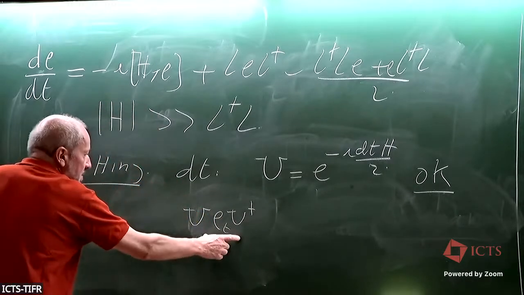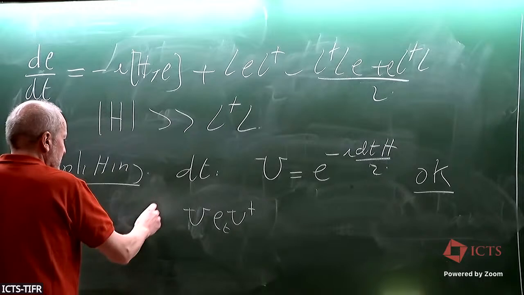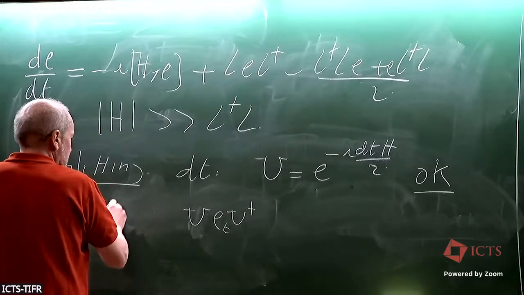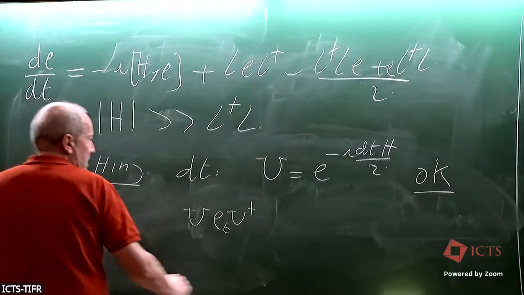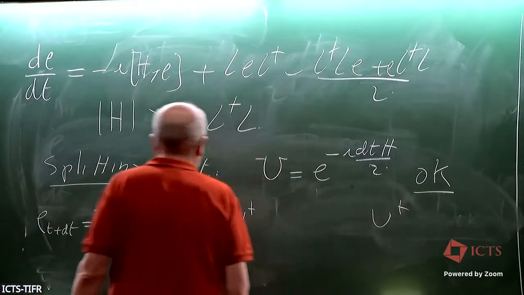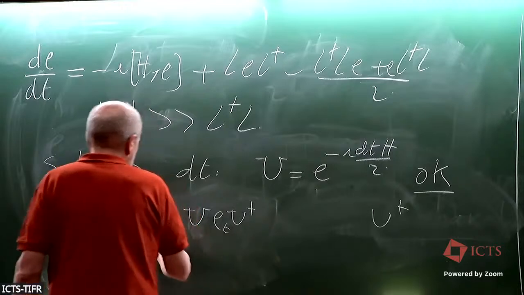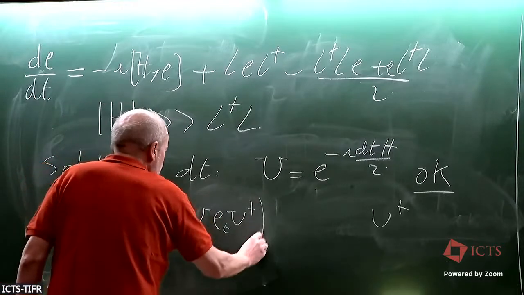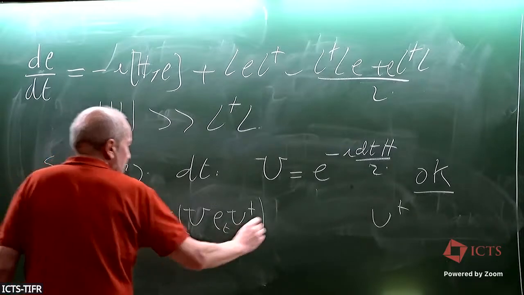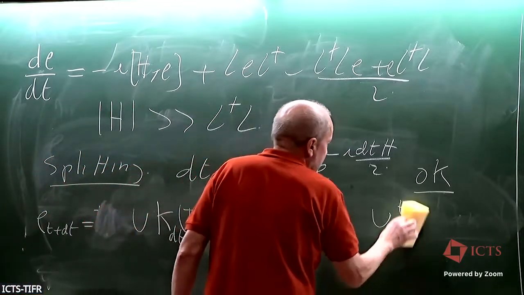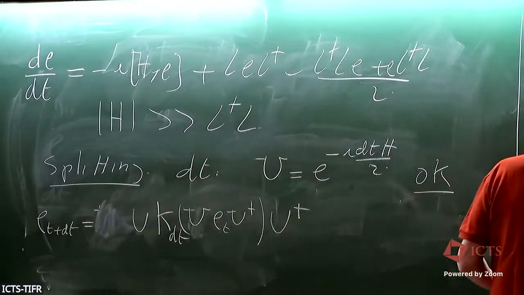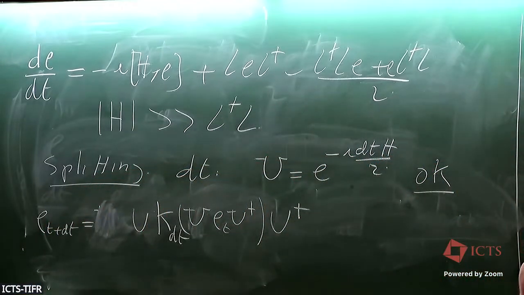Here I put exponential u dag, and here I put my K of dt, u dag, where K of dt is my exact quantum channel.